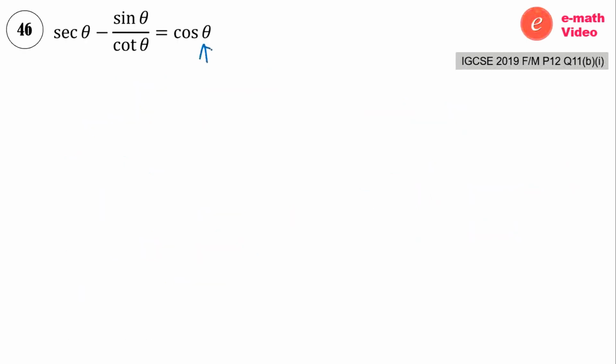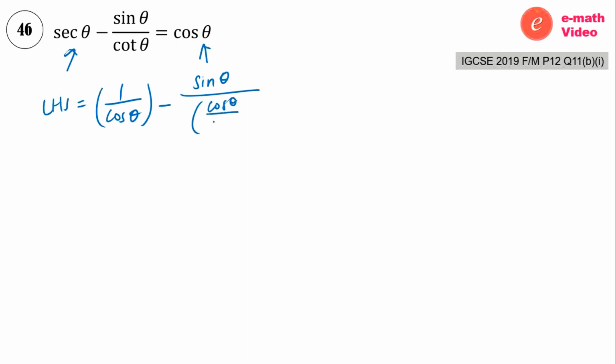We have a cos theta on right hand side and secant theta on left hand side. Meaning we need to convert it into 1 over cos theta. Then minus sine theta over cotangent is cos theta over sine theta. And for this one here is actually equals to, maybe I do it aside.